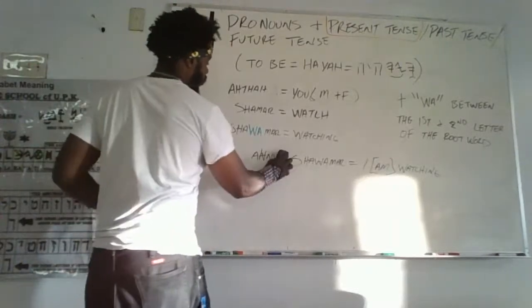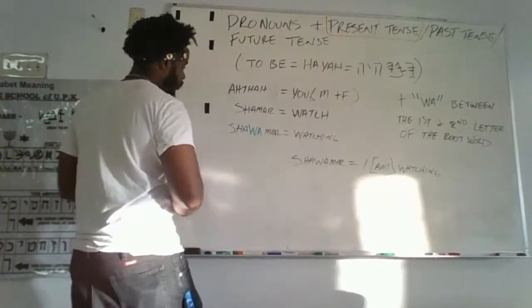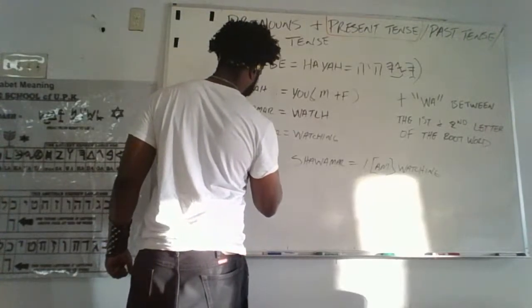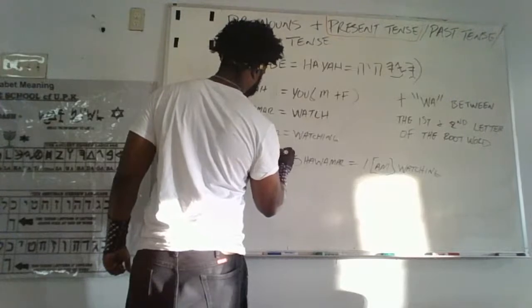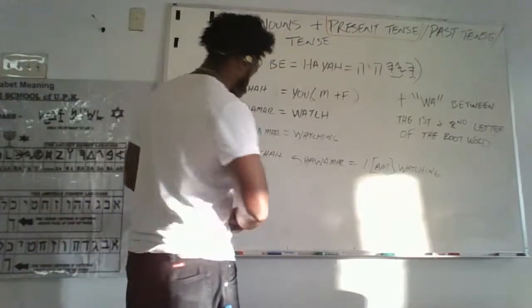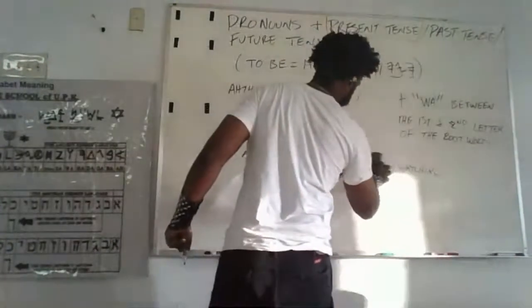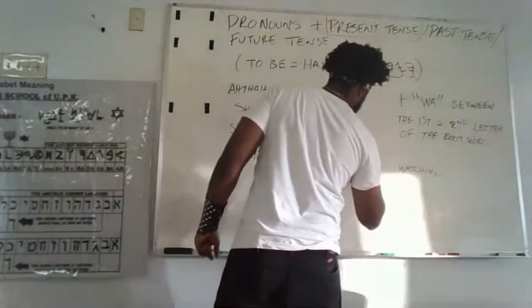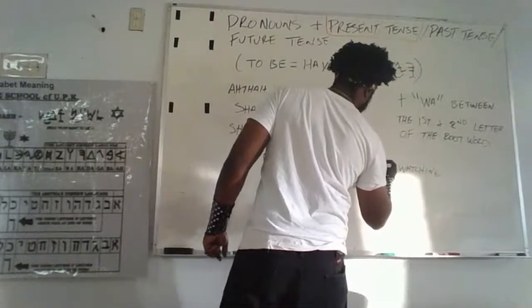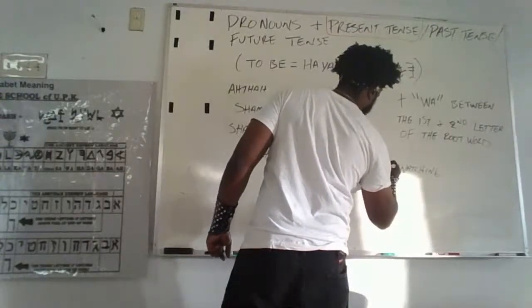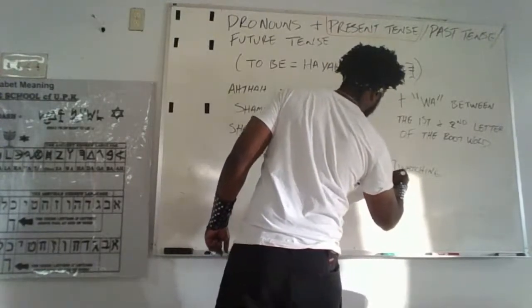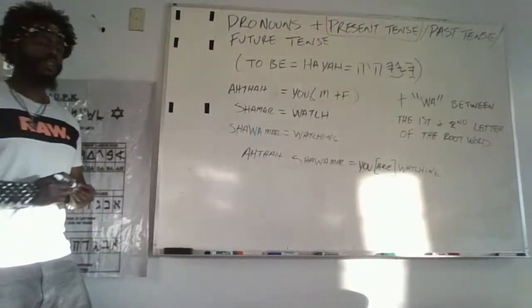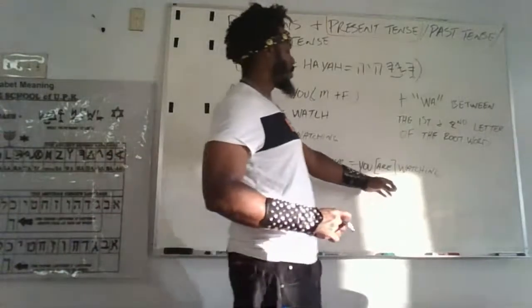So this sentence would be Atha Shawamar, which means you, implied, are watching. Okay? The are is implied.